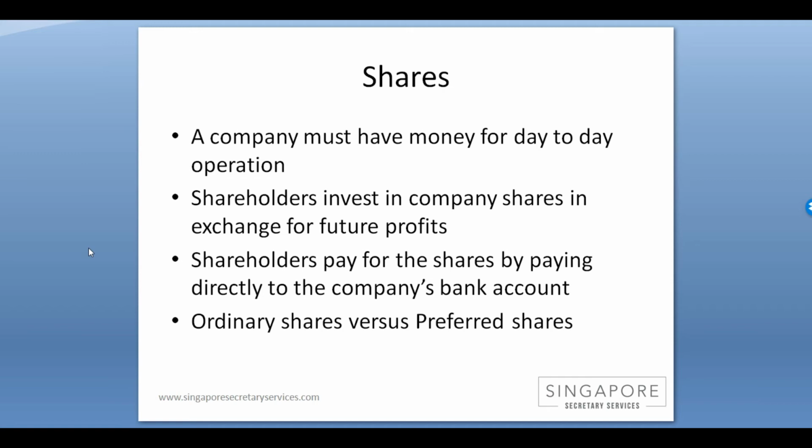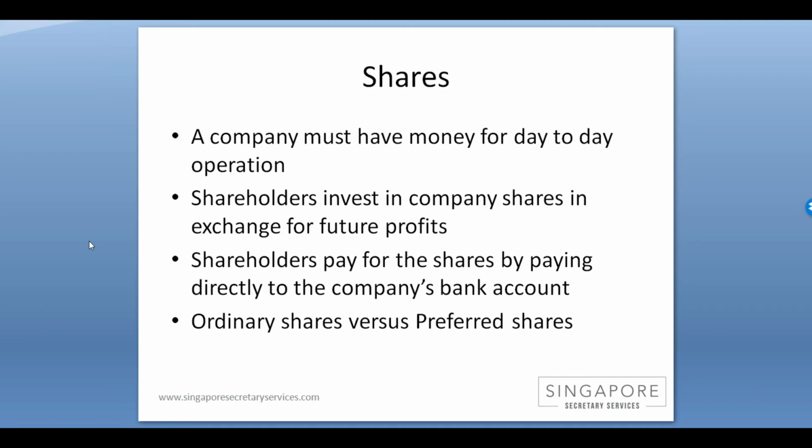If you subscribe to shares, which means that the company issues new shares, you have to pay the company, not anyone else. There are a lot of instances where we see company monies being intertwined with personal monies, like shareholders' or directors' monies. You can't do that.